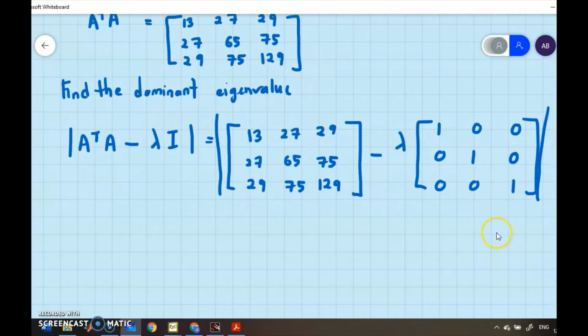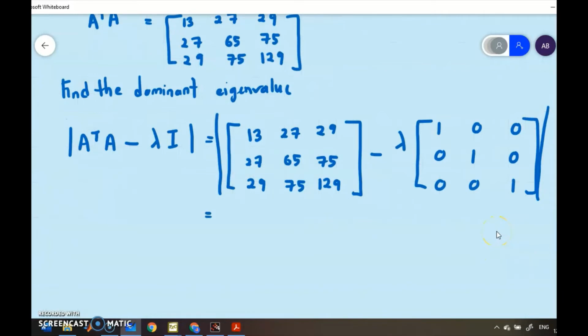Okay, and then what happened? You just continue to find this. So I have 13 minus lambda. We have the absolute here. And then 27 minus 0, 27. 29 minus 0, 29. Then I have 27 minus 0, 65 minus lambda times 1 is lambda.